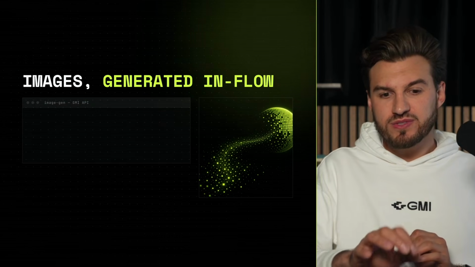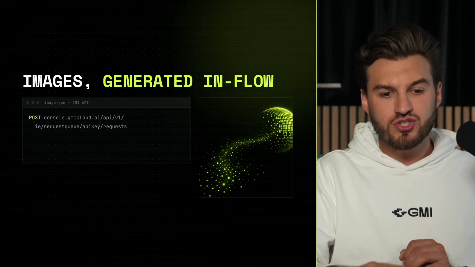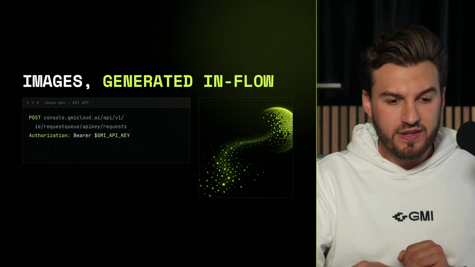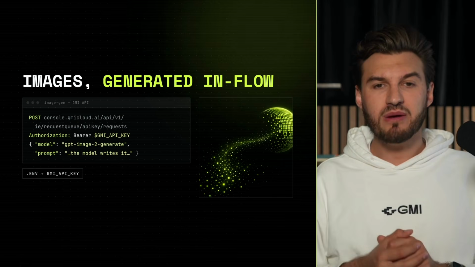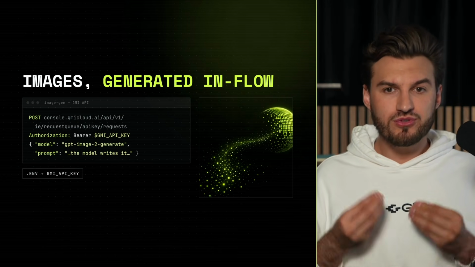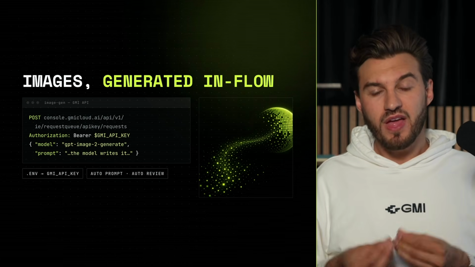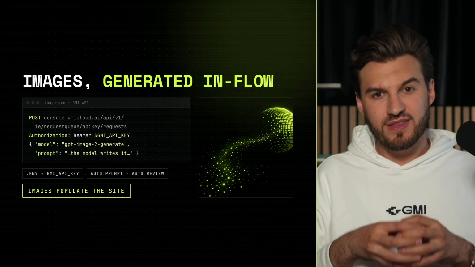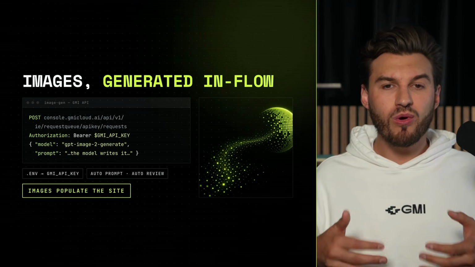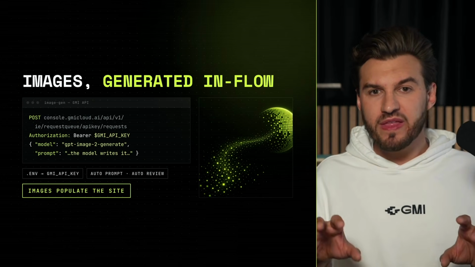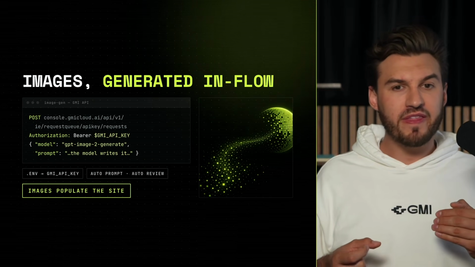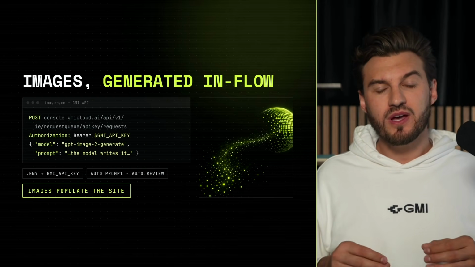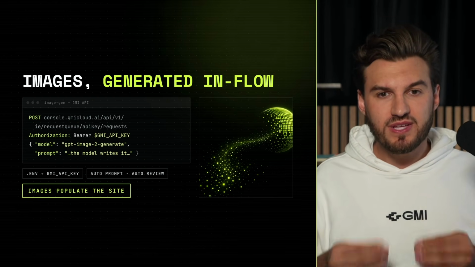What I'm proposing here is for us to pull the API key of GPT Image 2 using the API key from GMI, so that we're able to generate images as well. Those images are going to populate the website. This way, you're going to have a higher quality end result. We're not going to tell it exactly the function, or exactly how to build this. We're going to let the system decide by itself.